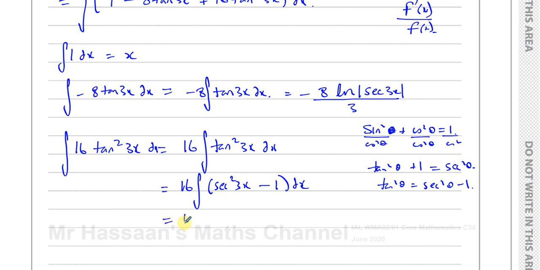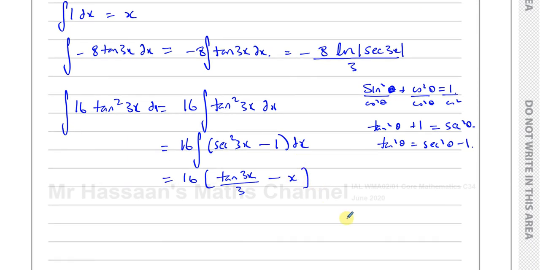So now I can say this is 16 times tan of 3x divided by 3, because you divide by the differential of what's inside the function, minus the integral of 1, which is x. So I now have this part integrated. This is going to give me 16 over 3 times tan of 3x minus 16x.